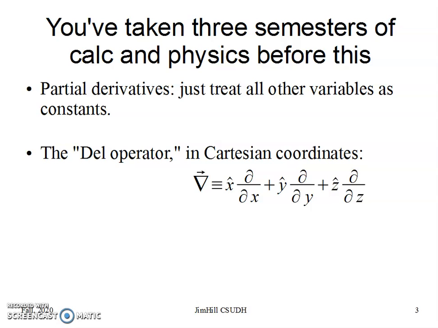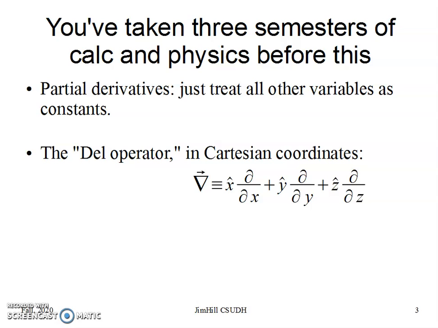Shortly thereafter, in physics, you ran into what we casually call the del operator in Cartesian coordinates. You run into it first in electrostatics in our order of things, but in calculus you don't run into it until the 3rd semester sometimes.